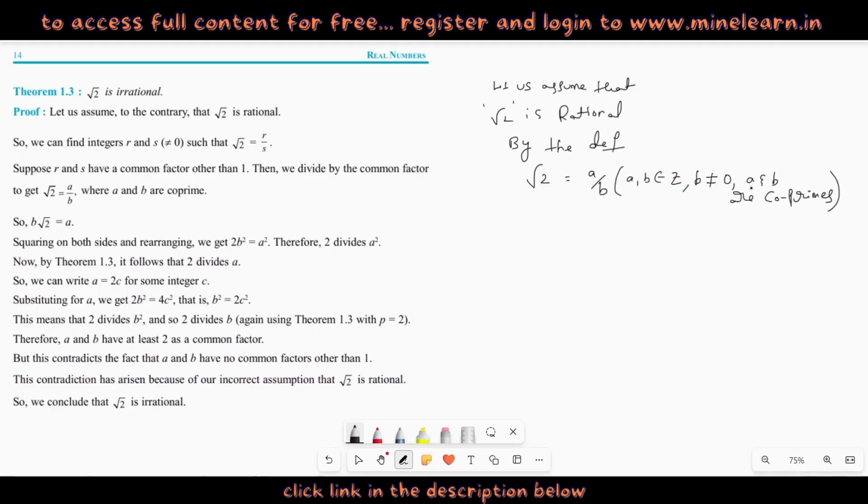We are going to use this condition and prove that root 2 is irrational.